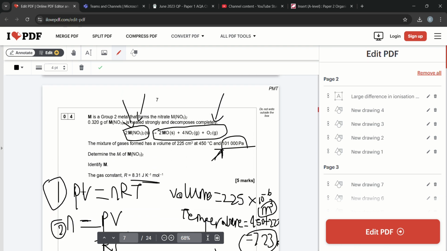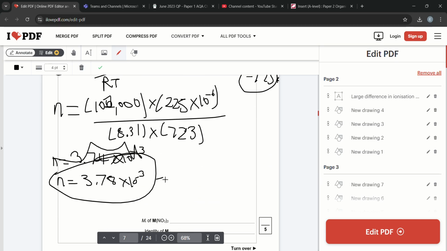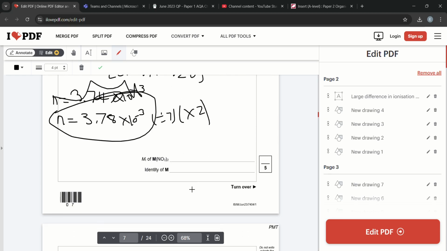So this is the moles of this whole thing. We want to find the moles of this. What's the molar ratio? It's 2 to, how many moles are here? 4, 5, 6, so 2 to 7. So we divide this by 7 and then times by 2.